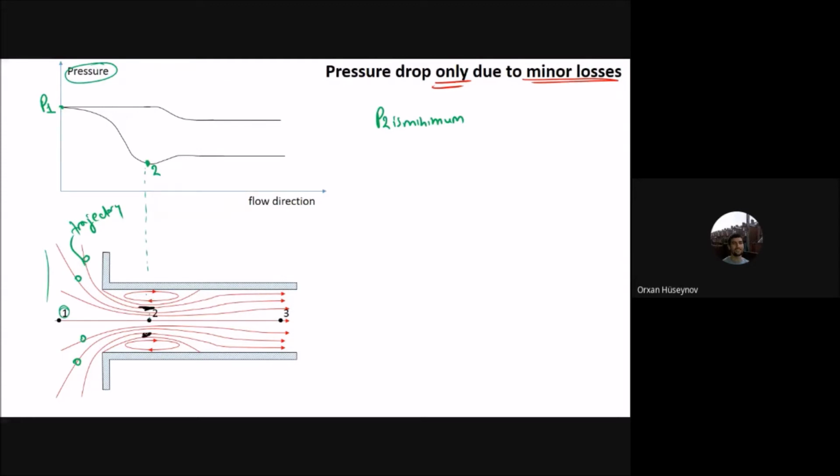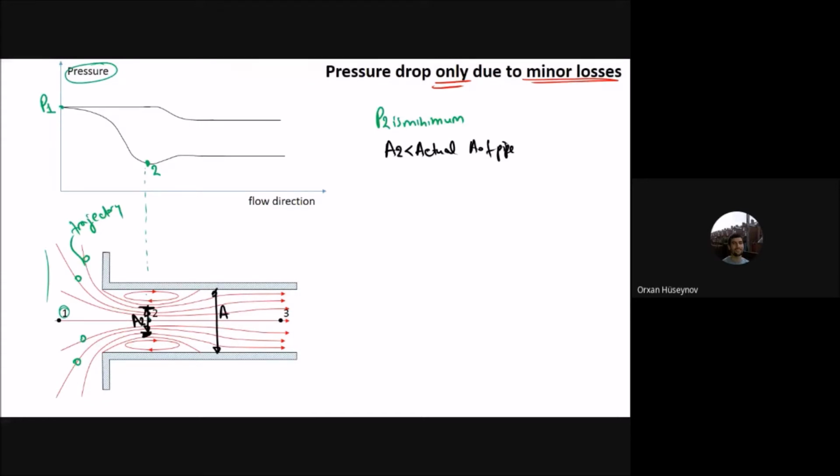This area, which is at point 2, area 2, is smaller than the area of the pipe section. Area 2 is smaller than the actual area of the pipe.